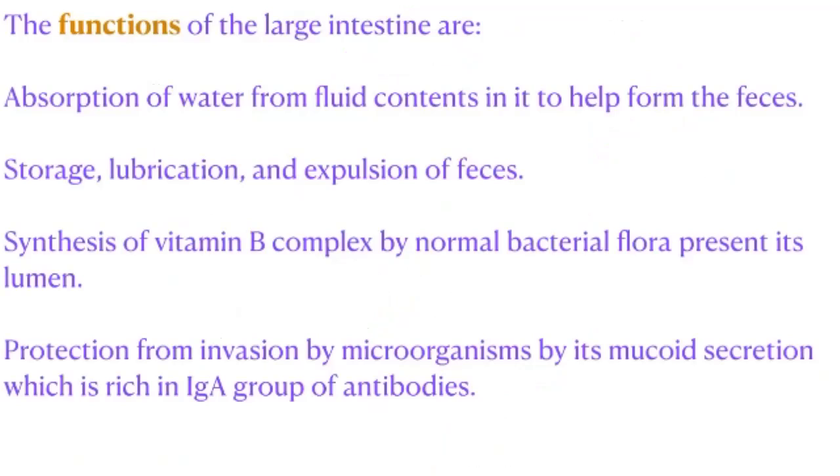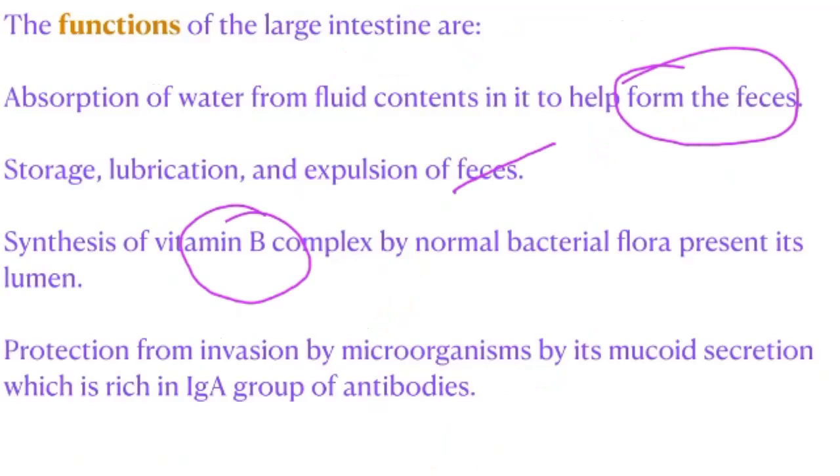The functions are absorption of water from fluid contents in it to help form the feces, storage, lubrication, and expulsion of feces, synthesis of vitamin B complex by normal bacterial flora present in its lumen, and protection from invasion by microorganisms by its mucoid secretion, which is rich in IgA group of antibodies. You already know these things from your physiology. So the main function is to form the feces by absorption of water.